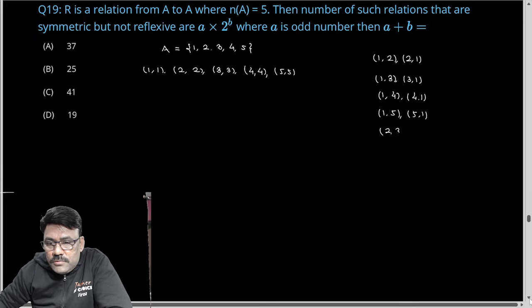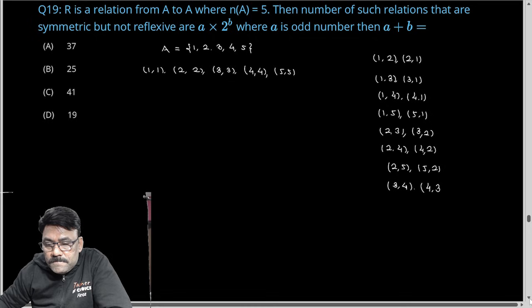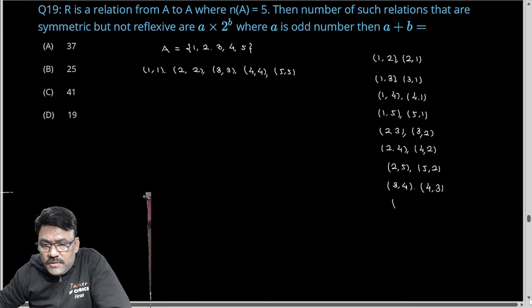Then 2, 3, 3, 2. 2, 4, 4, 2. 2, 5, 5, 2. Then 3, 4, 4, 3. To see how many pairs you got, I'm missing 4, 5, 5, 4.